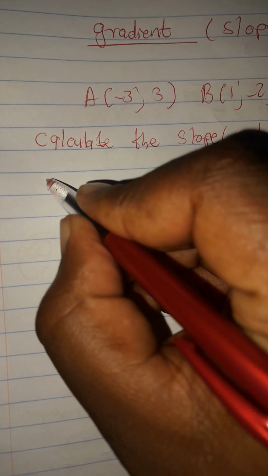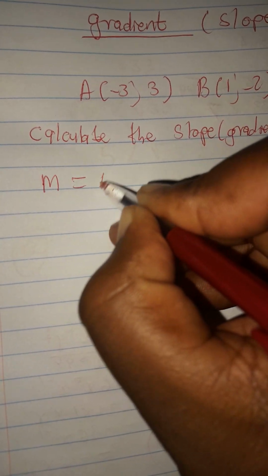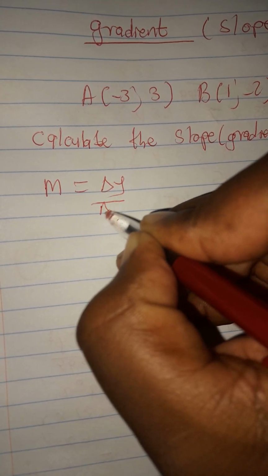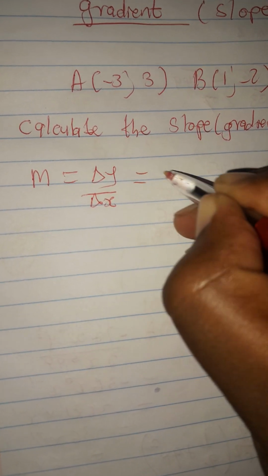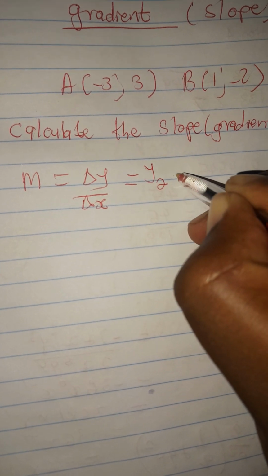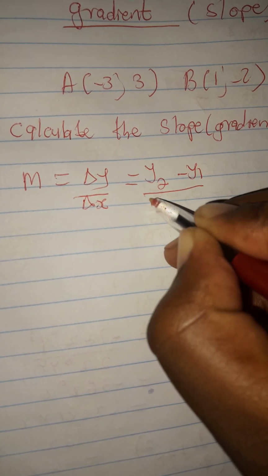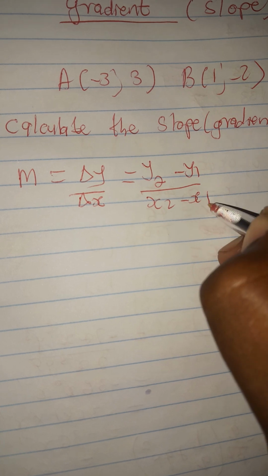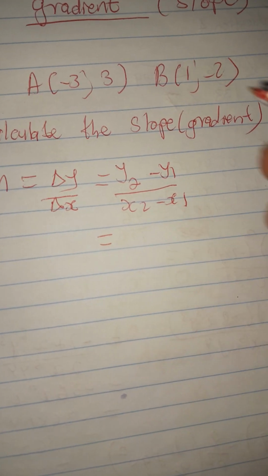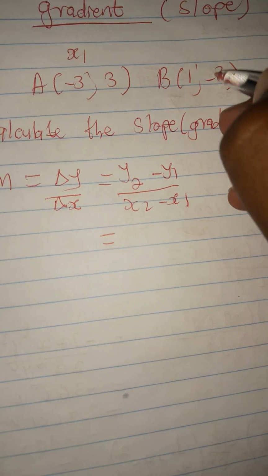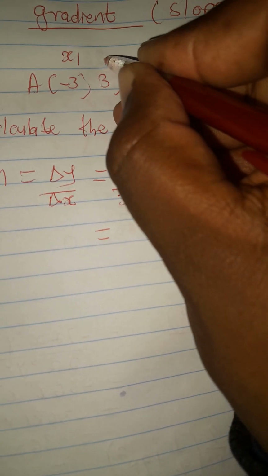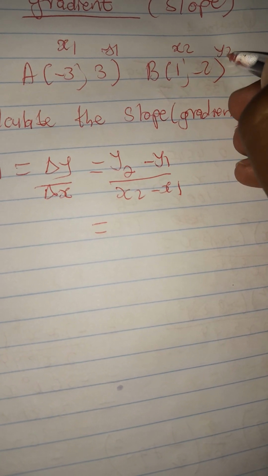The formula is m equals change in y all over change in x, which is the difference y2 minus y1 divided by x2 minus x1. From here, we name x1, x2, y1 and y2.